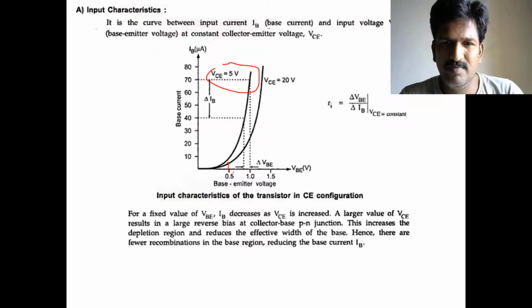Here up to this point it has 0 current, but when VBE crosses more than 0.5 or 0.7, the emitter to base junction diode becomes forward biased. Then it conducts more, so you have the base current like this. Up to this point there is very slight variation in base current, though you are changing the input voltage.